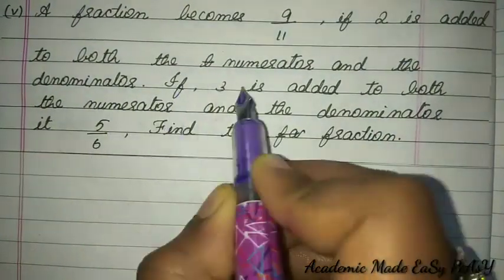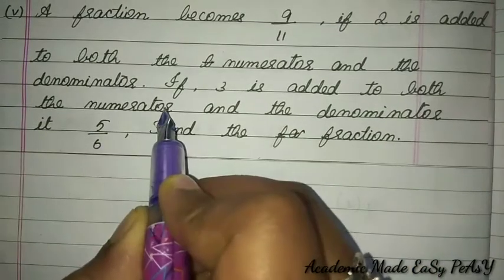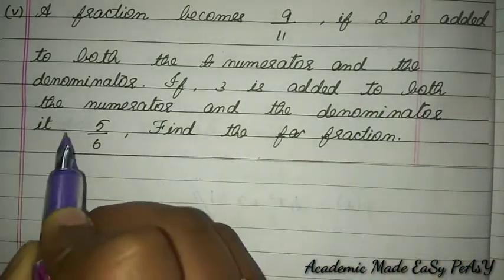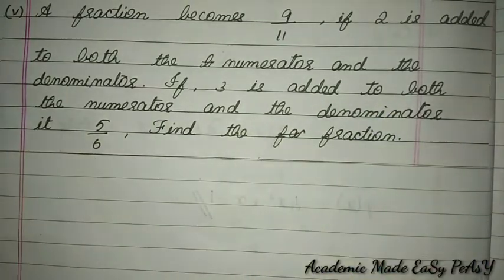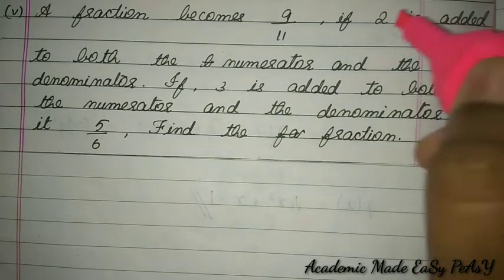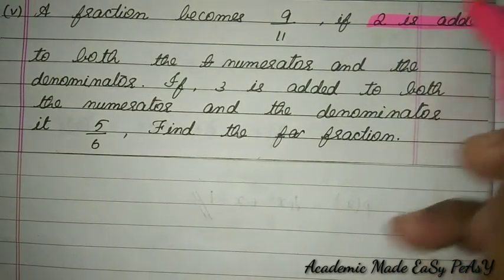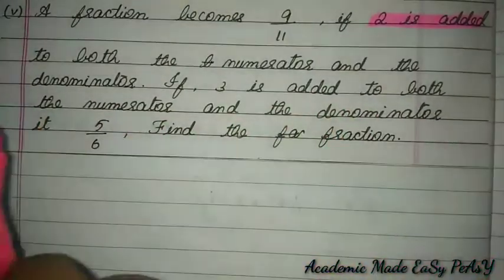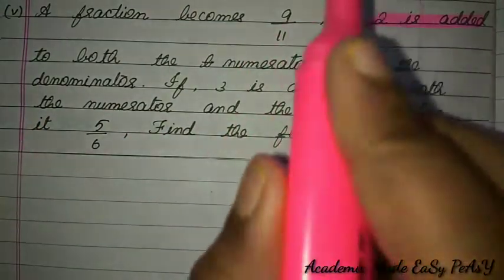A fraction becomes 9 by 11 if 2 is added to both the numerator and the denominator. If 3 is added to both the numerator and denominator, it is 5 by 6. Find the fraction. That is the original fraction. Okay. So there is a fraction, that is x by y. If 2 is added to both numerator as well as denominator, we get 9 by 11.